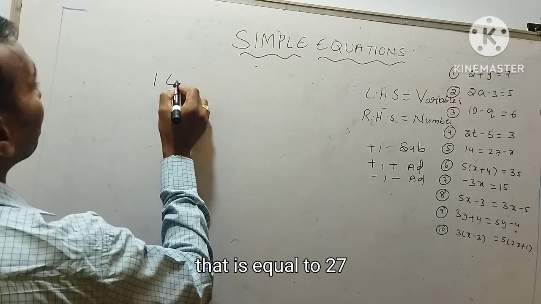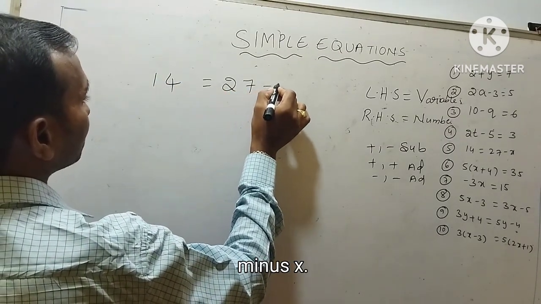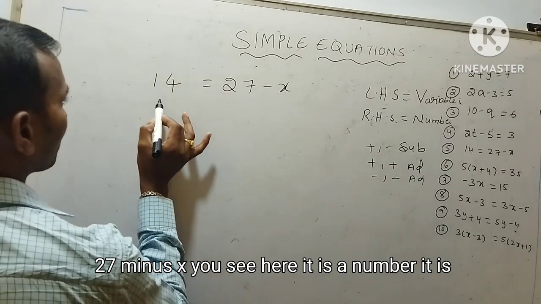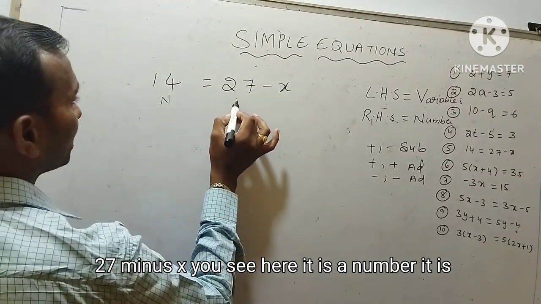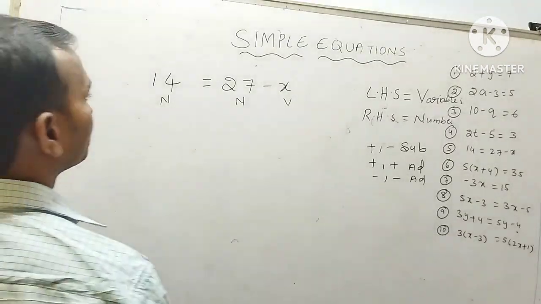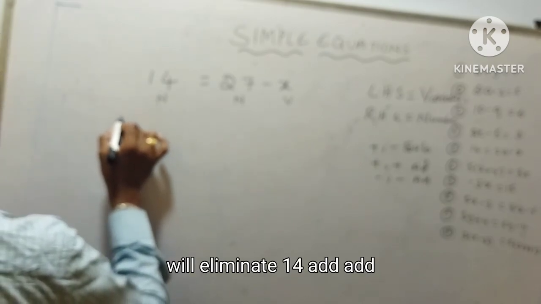14 is equal to 27 minus x. You see here, it is a number. It is also a number. It is a variable. First we will eliminate 14.